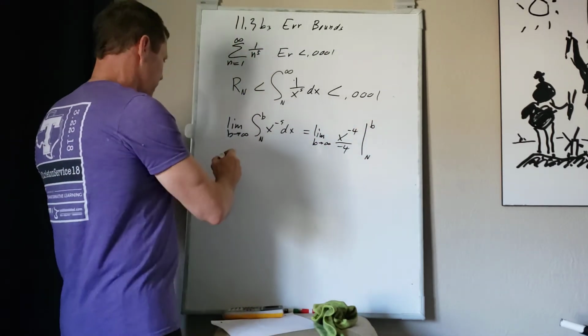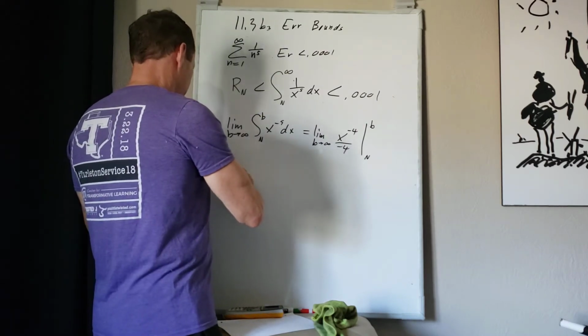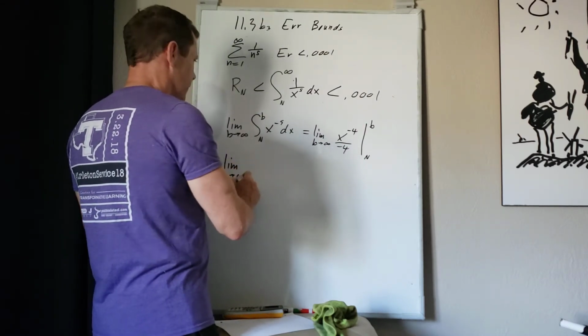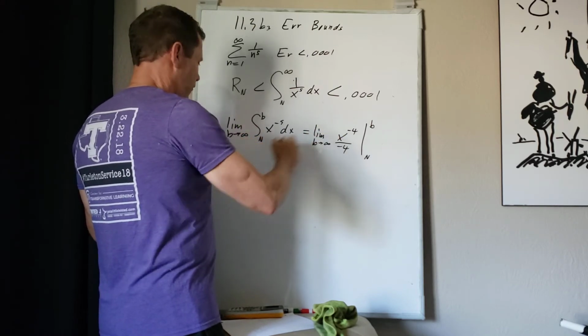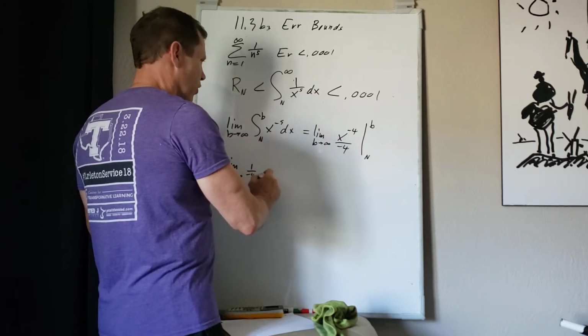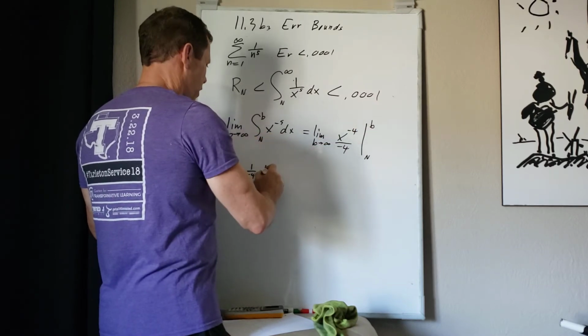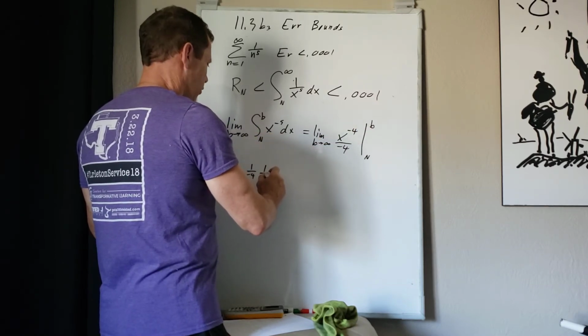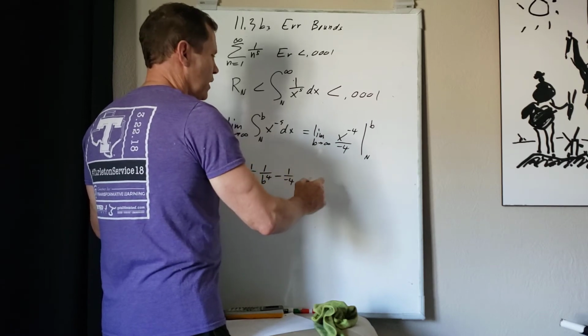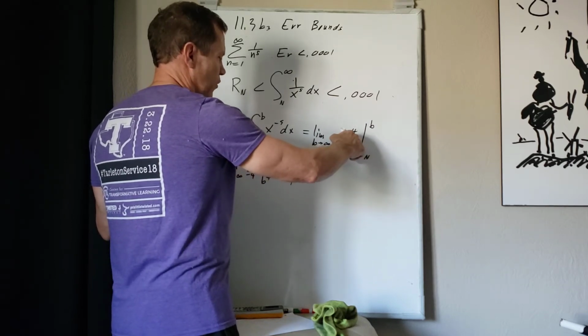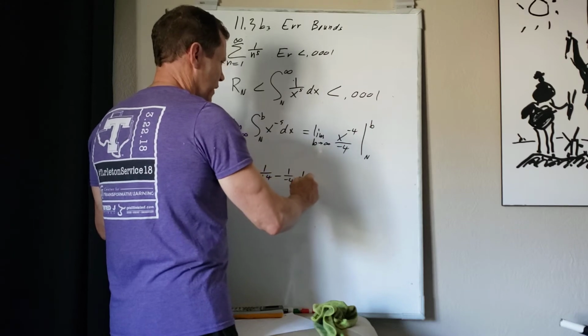Okay, so now we take the limit as b goes to infinity. Put the b in. I'm going to pull that 1/4 out, so it's going to be 1 over minus 4 times 1 over b to the 4th power, minus 1 over minus 4 times, and we stick in the N, 1 over N to the 4th.